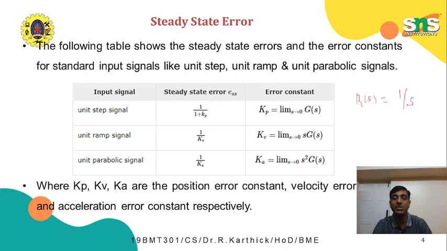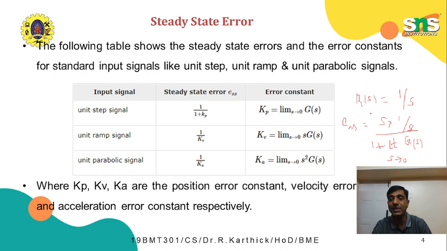When you substitute this in our steady state error equation, ESS is equal to limit s tends to 0 of s into R(s), so s into R(s) is 1 by s, the whole thing divided by 1 plus limit s tends to 0 of G(s).